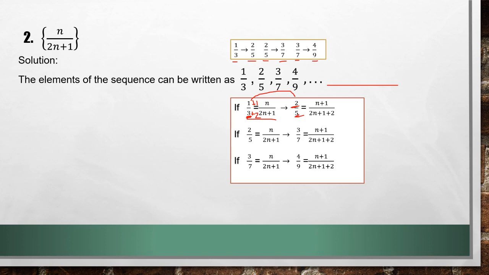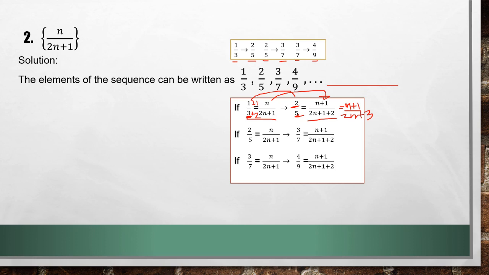Therefore, we can also say that for n over 2n plus 1 to become 2/5, we can simply add 1 to n, and we will add 2 to 2n plus 1. This can be simplified as n plus 1 all over 2n plus 3.